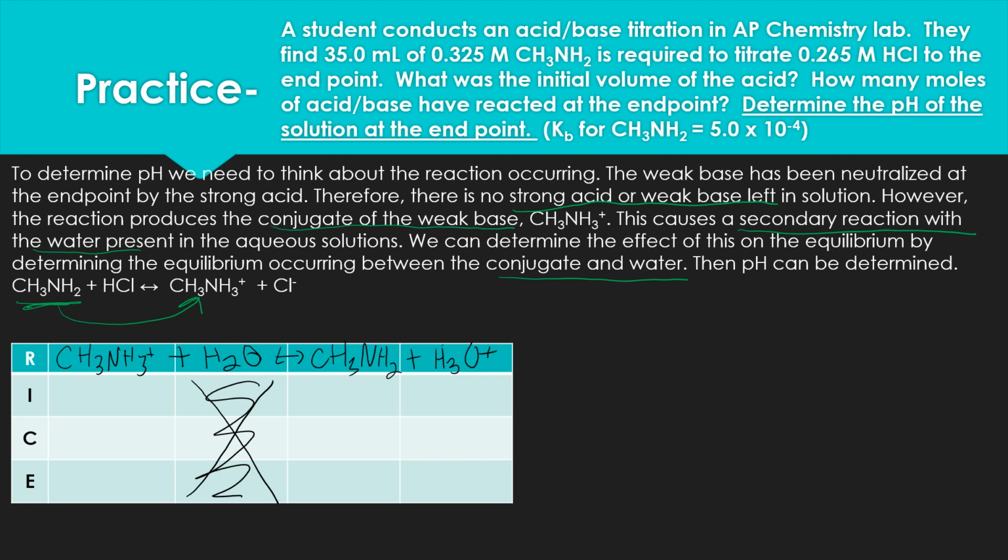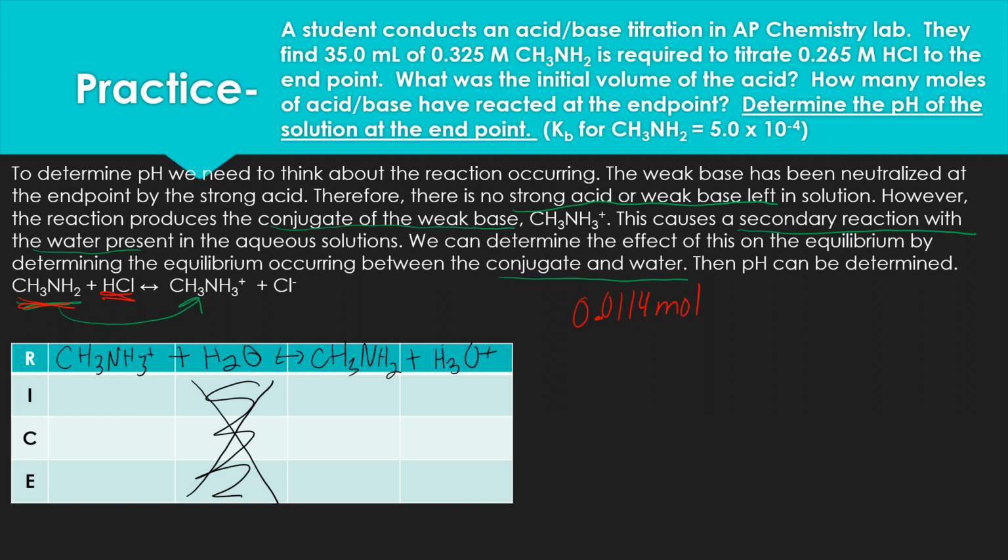We know that because on the last slide we calculated our moles of acid and our moles of base that reacted. Okay, we found that 0.114 moles of acid and moles of base reacted. So equal moles of acid and base.